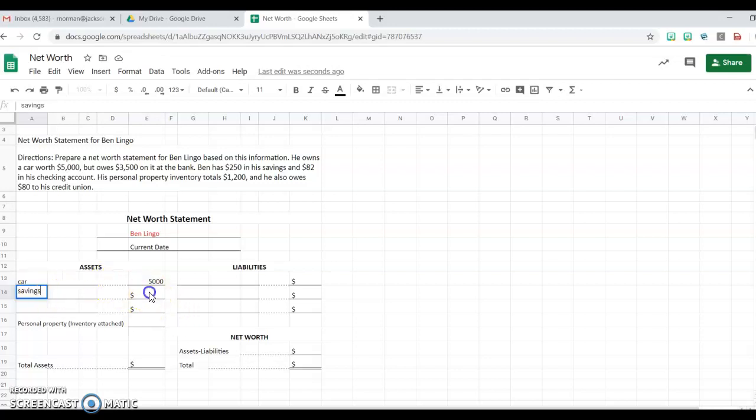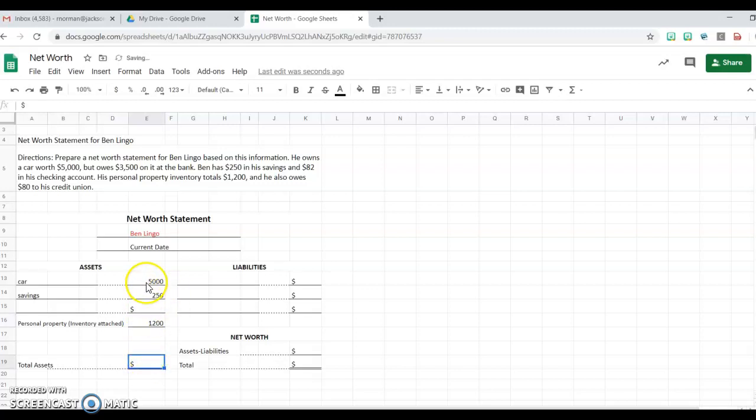His savings, which is $250. Something else he owns is his personal property inventory, which is $1,200. Personal property inventory is anything inside your home that you own, your furniture, computers, stereos, anything like that.